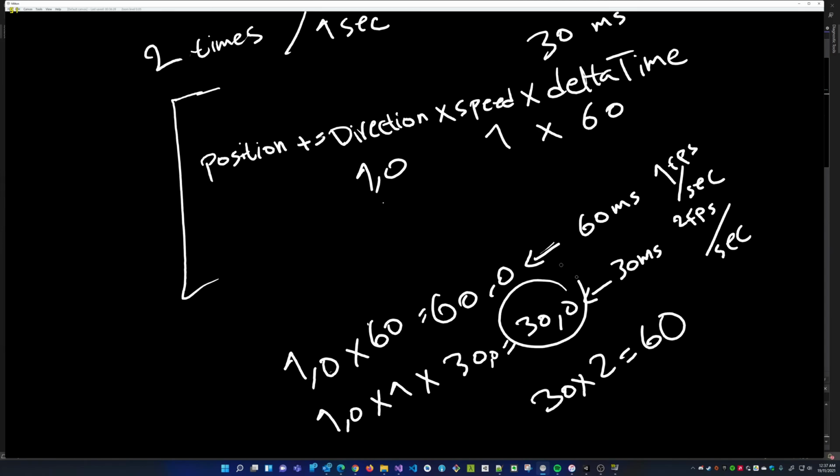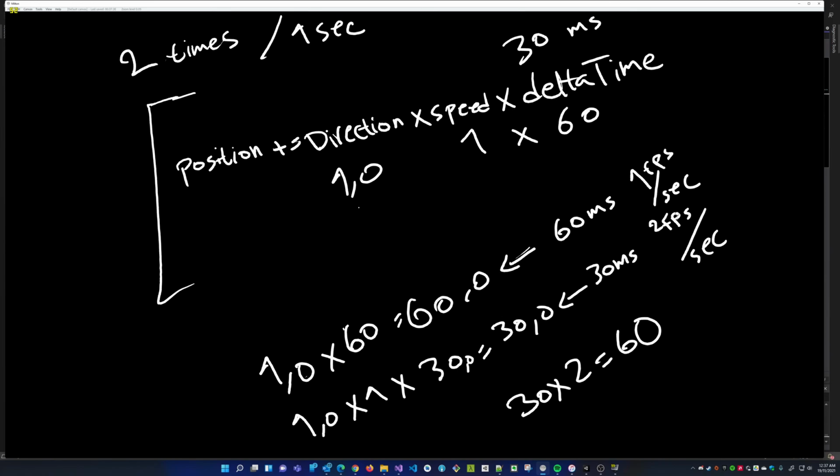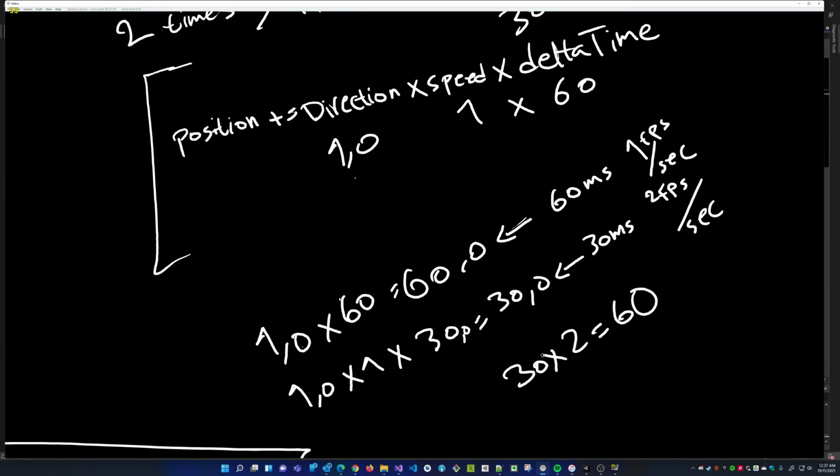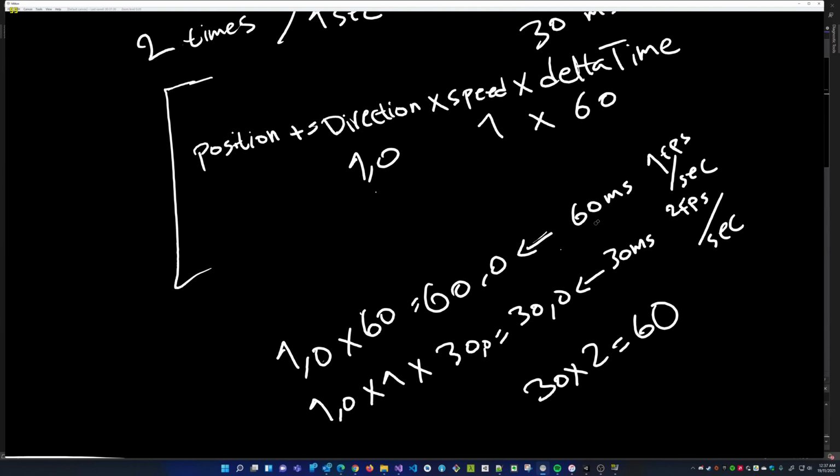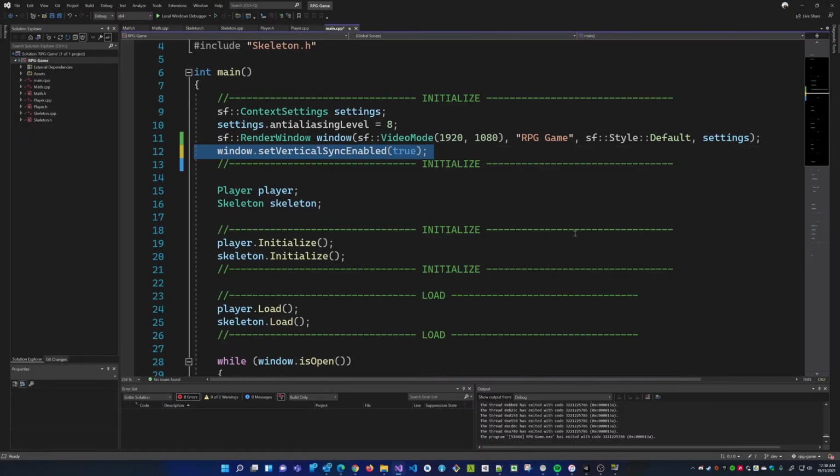So that means I'm moving 30 units every single frame. How many frames do I have? I have 2 frames, so my loop executes twice in that 1 second. So now I need to multiply how much I moved, 30 by 2, which is 60. So I essentially moved the same distance no matter whether my frame rate is at 1 FPS or 2 FPS, whether my delta time was 60 or 30, because delta time increases and decreases depending on my frame rate.